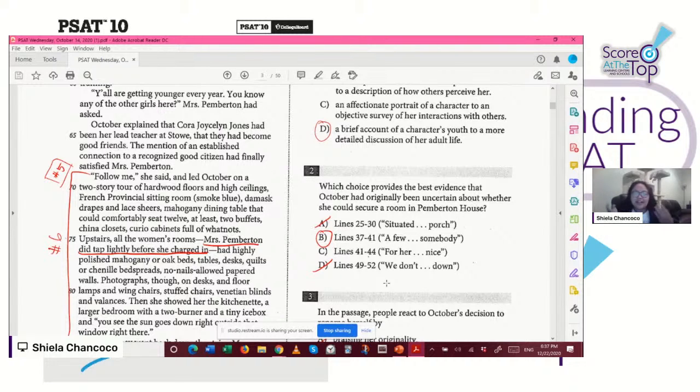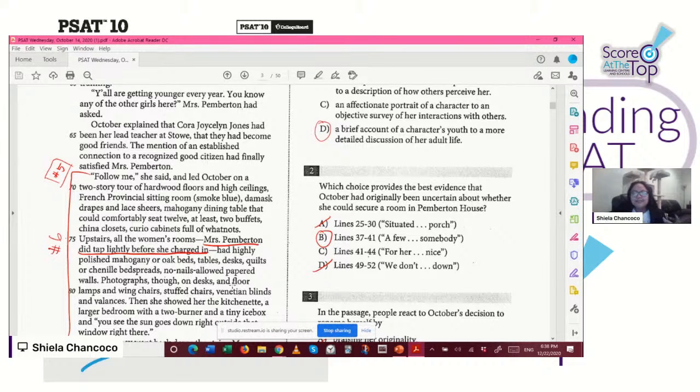Just recounting the passage a little bit, more than likely it's in the middle of the passage, so you can use that to eliminate some of these, right? So I eliminated A and D because it was a little too far away from where we were thinking it was going to be.